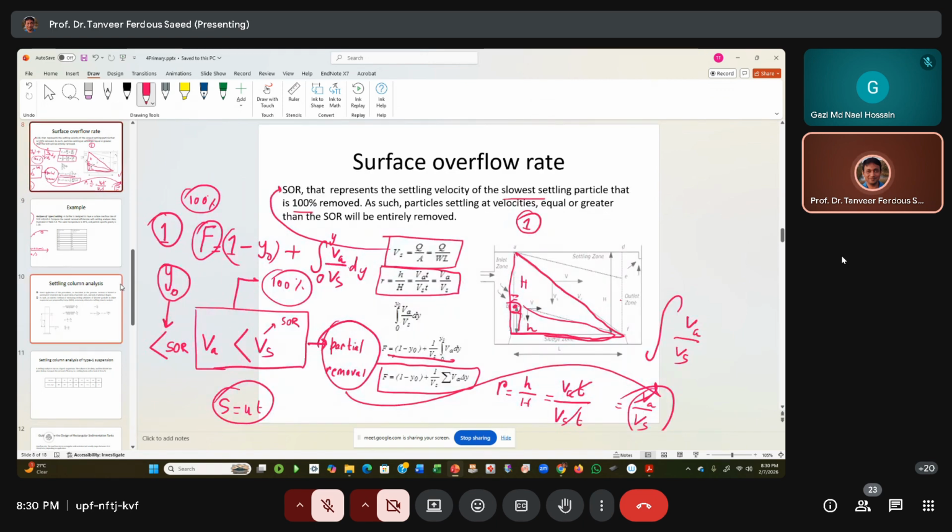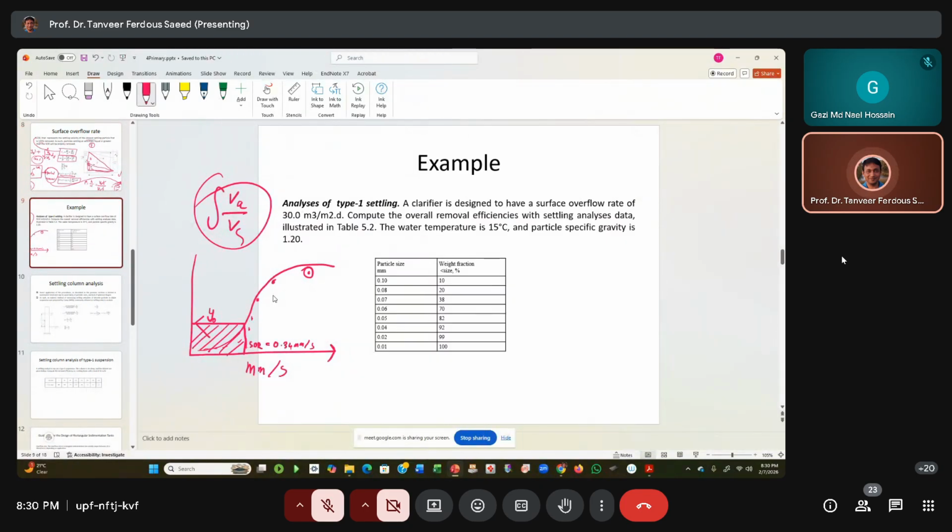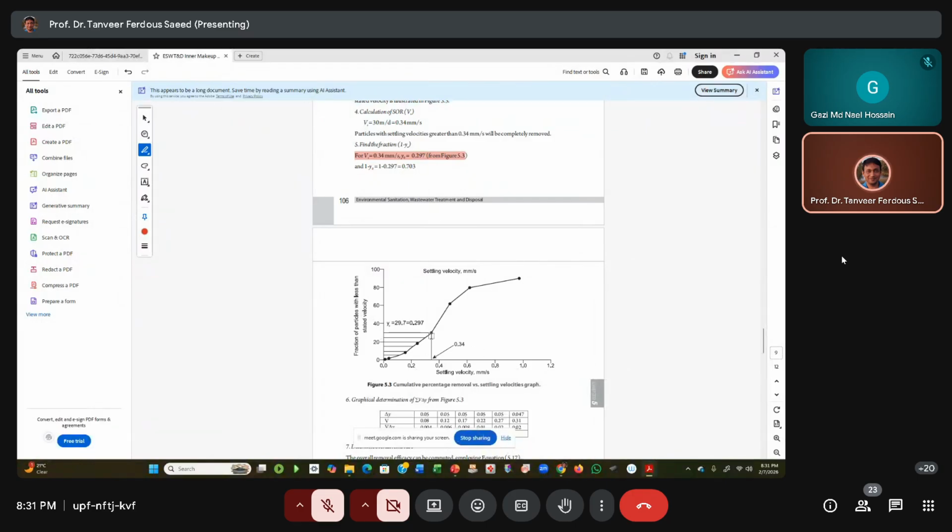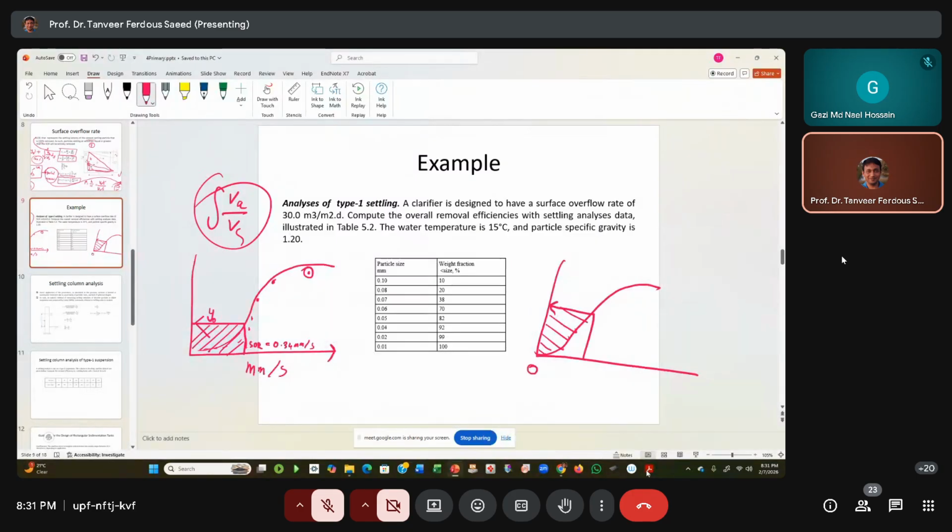This formula, Vs by VSOR. So how do we do it? Here I'm showing you. I again draw a graph. This is the region we will integrate. Definitely, this is the curve. This is 0, and the horizontal intersection here is this point. It is 0, 20, 40; you subtract and you will find somewhere around 29.7 at the y-axis.